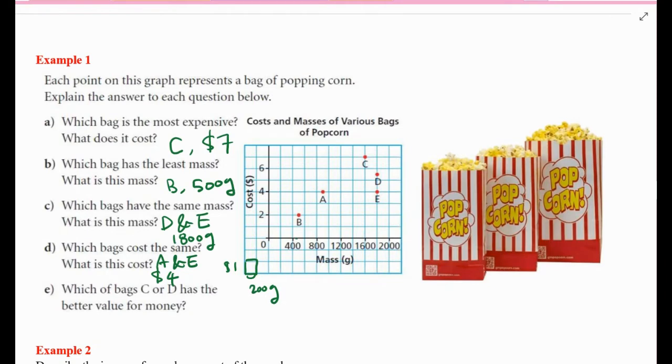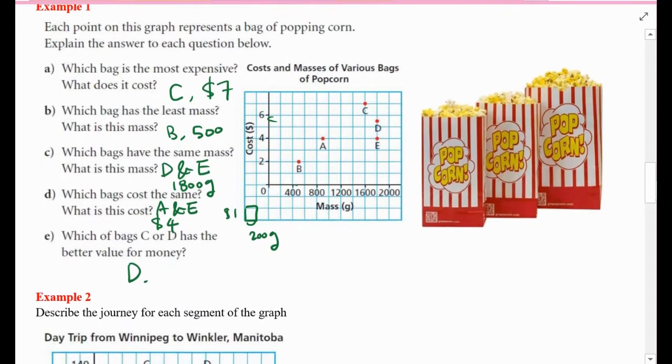Which of bags C or D has the better value for money? If you look at it, D has more popcorn than C, but it costs less. Therefore, D is the better buy.